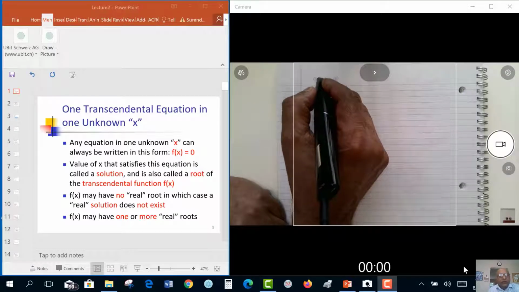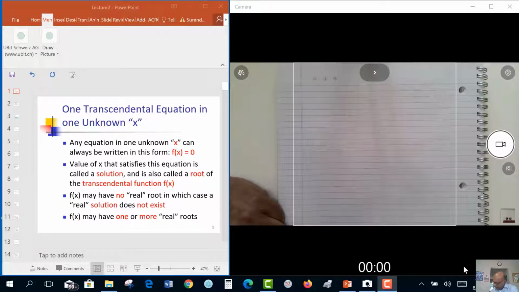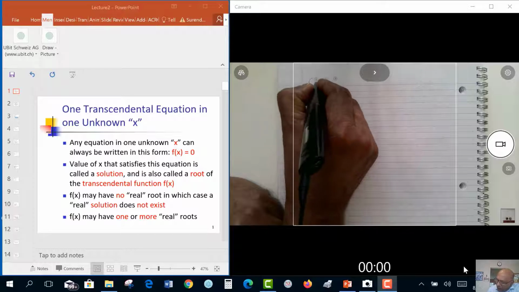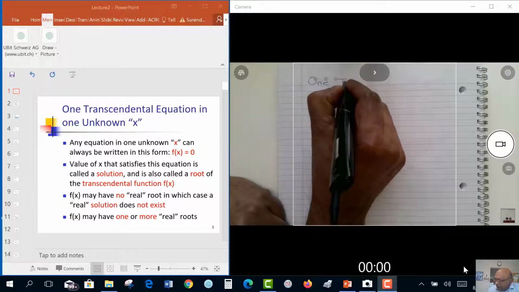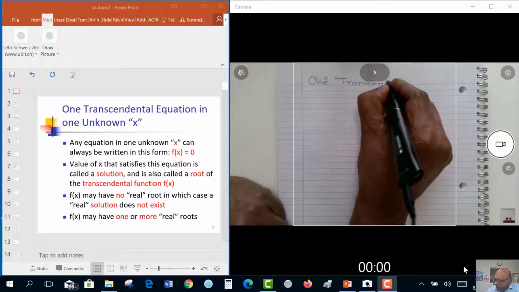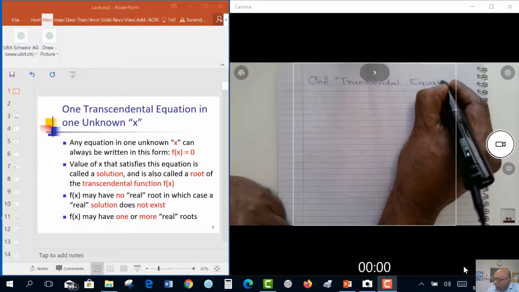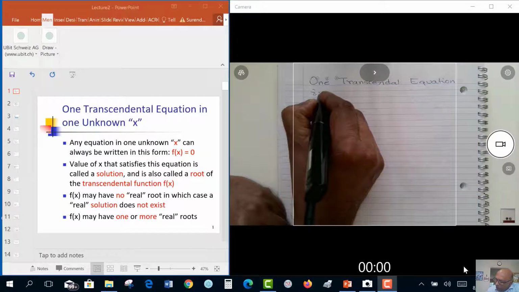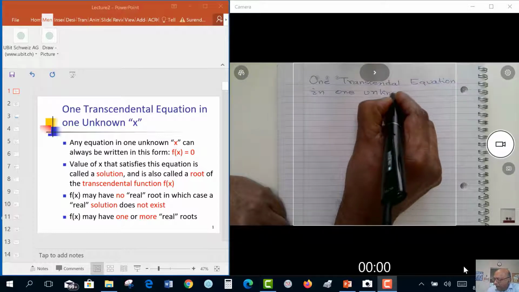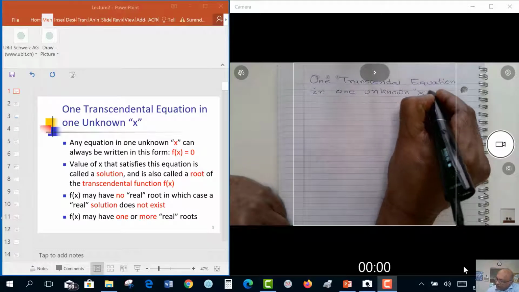So let's review a little bit again. We are interested in solving one transcendental equation in one unknown, and let's call this unknown x.